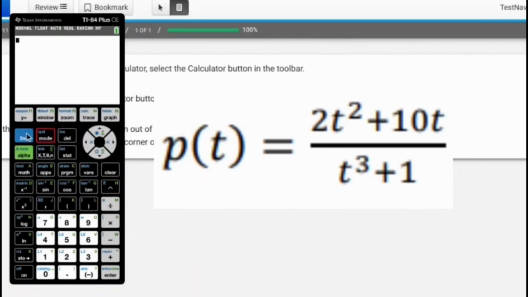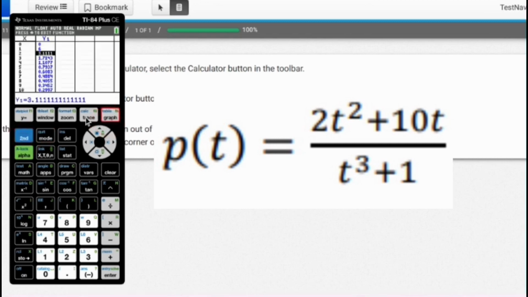Part 2 of this is asking us to find the average rate of change between the intervals 1 and 2. So I'm going to go back to my table. Second graph goes back to my table. I'm going to use the values for P of 2, which I already found out to be 3.11111, and P of 1, which was 6. So I'm going to use 6 and 3.11111 in that order.